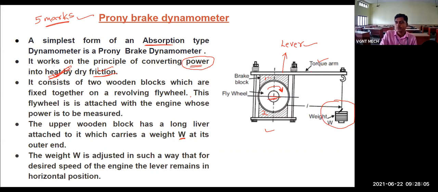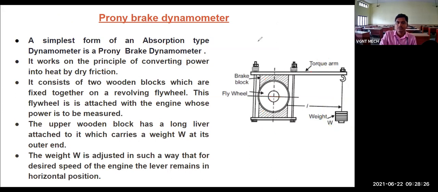In that case, we have to release some weight so that the lever comes back to its original position. When the engine speed decreases, the lever may go up. In that case, we have to add some weight so that the lever can maintain its horizontal position. So this also we have discussed in the last class.